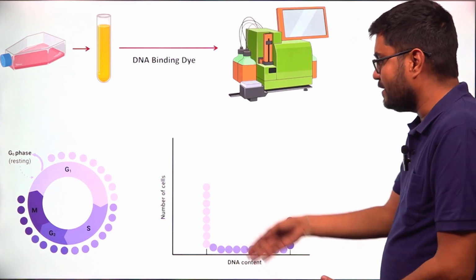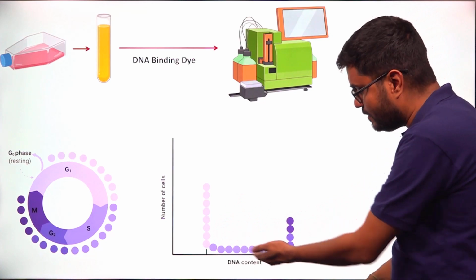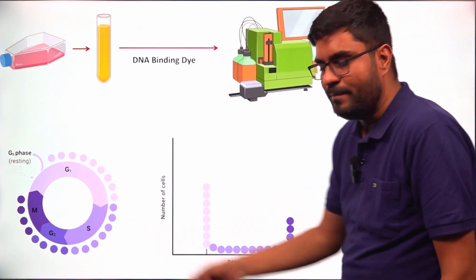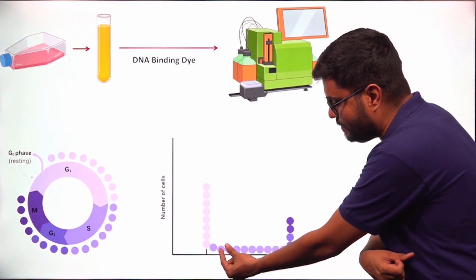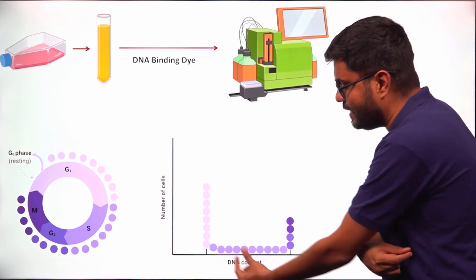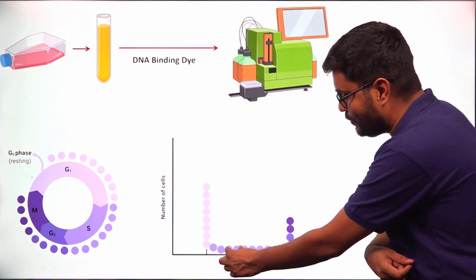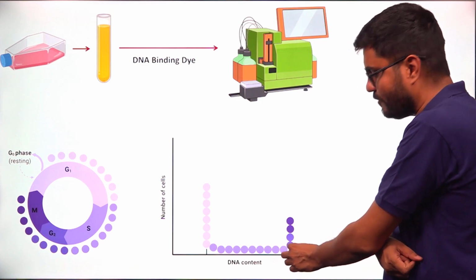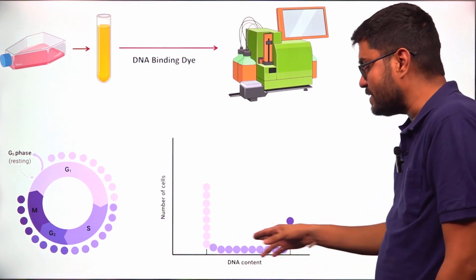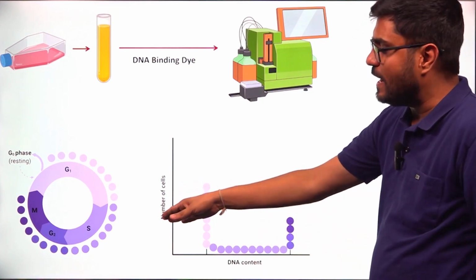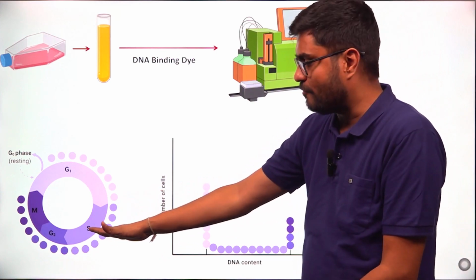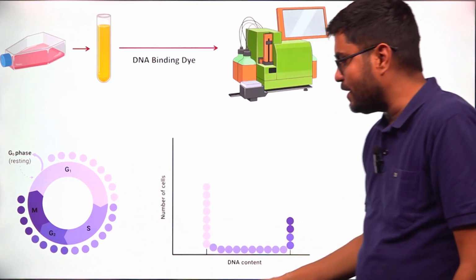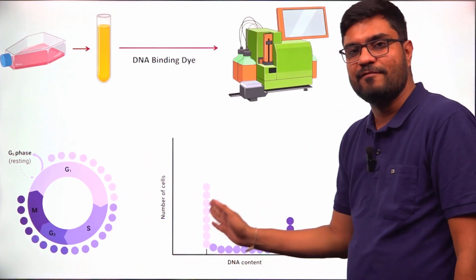Why are we not getting a single line? We are getting a distribution because some cells are at the start of S phase, meaning they have just started the replication, so their amount is slightly higher than X. Then the amount of DNA increases, ultimately slightly lower than 2X, and finally 2X. So multiple cells can be present at different stages of completion of replication. If they have just started the replication, the amount of DNA will be less and the fluorescent signal will be less.